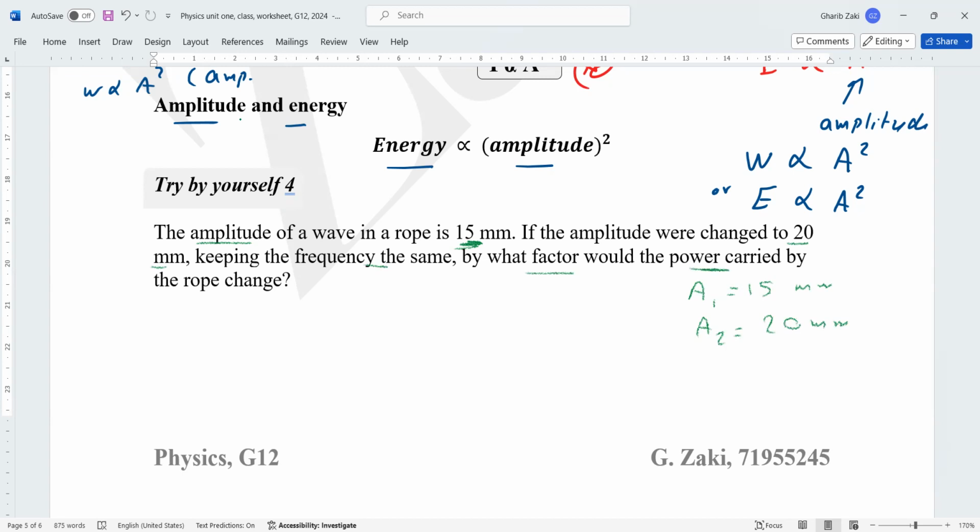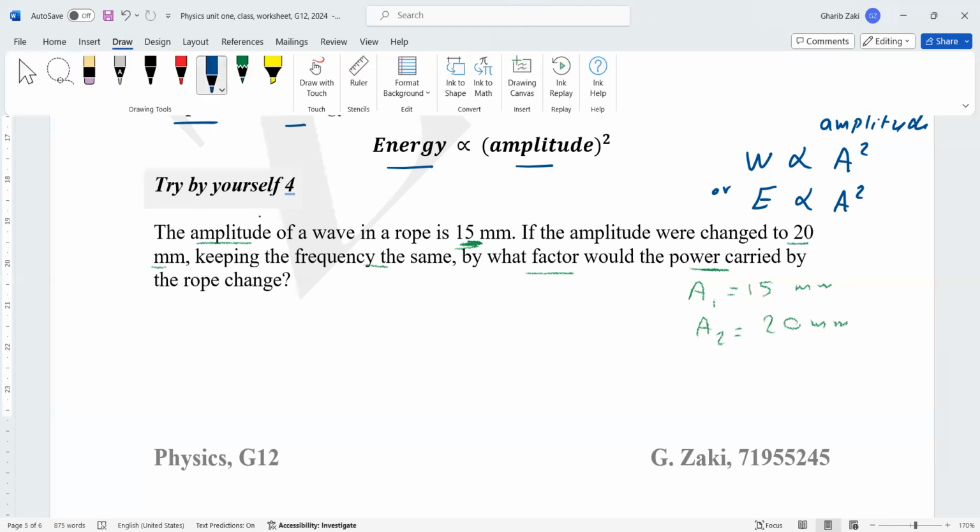Now, what is the relation between the power carried by the rope and the amplitude? The power and the energy, because it is the same time. So we can say here the power is proportional to the amplitude squared.